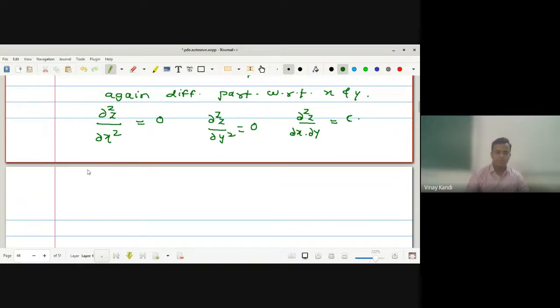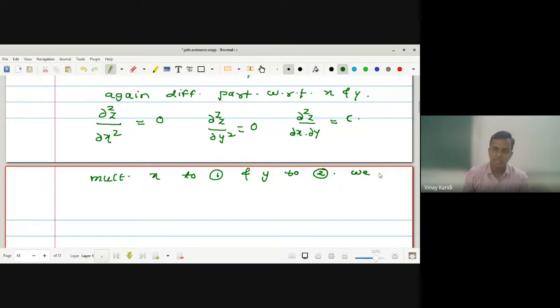Now multiply x by equation 1 and y by equation 2.